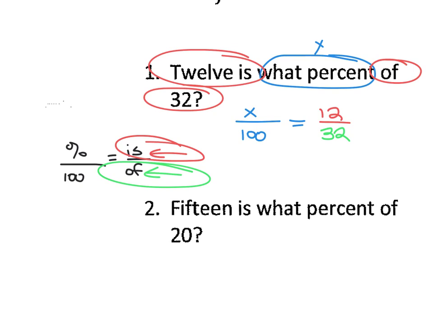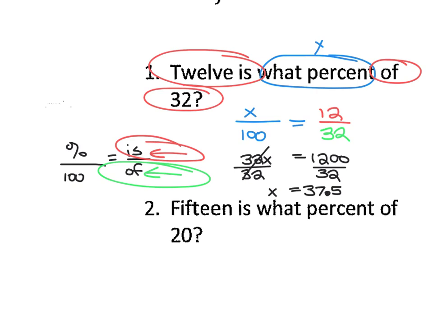Now we're going to solve. X times 32 is 32x. 100 times 12 is 1,200. Divide by 32. Anything divided by itself is 1. And what we get is 37.5. Now what does that mean?